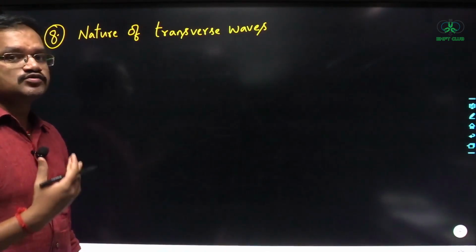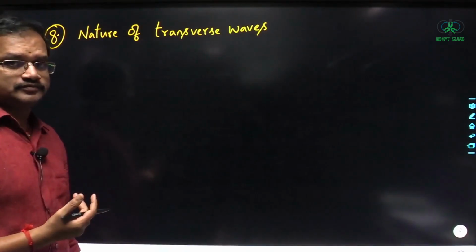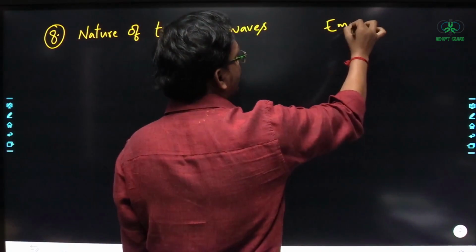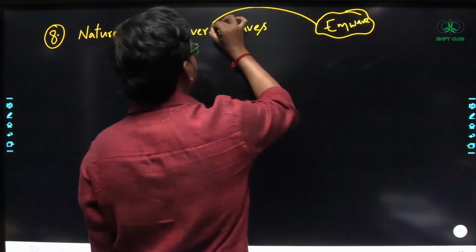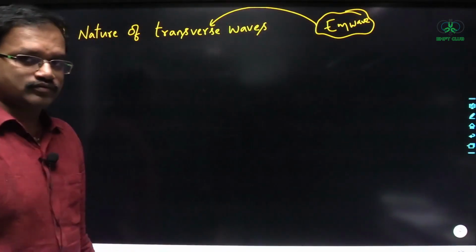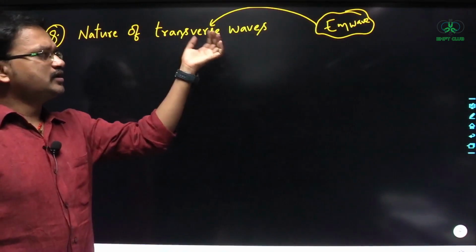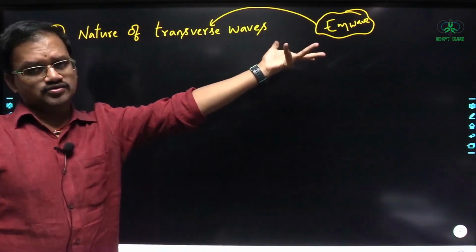Sir, why do we have to study the transverse wave? Because our electromagnetic wave is nothing but a transverse wave. So if you understand the characteristics of the transverse wave, then you can apply those characteristics to our electromagnetic wave also. Understood?